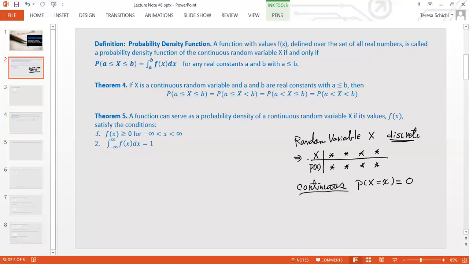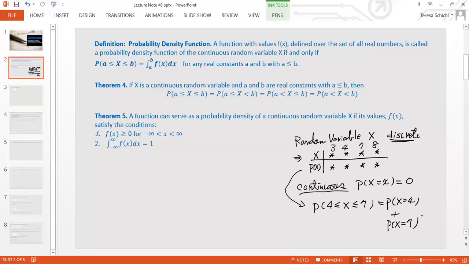For the discrete case, for example, if the values are 3, 4, 7, 8 and I want to find the probability from 4 to 7, you can just go to your probability distribution and add the probability x equals 4 plus the probability x equals 7.